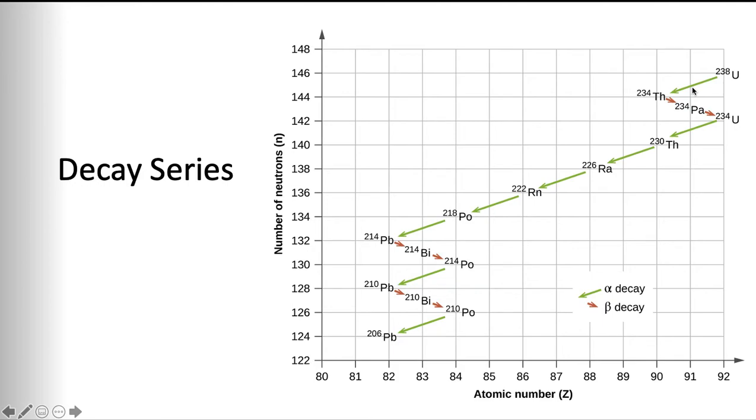Every time an alpha particle is given off, you're reducing the Z number by 2 and the mass number by 4. Beta decay just increases the Z number, but alpha decay decreases the Z number by 2.